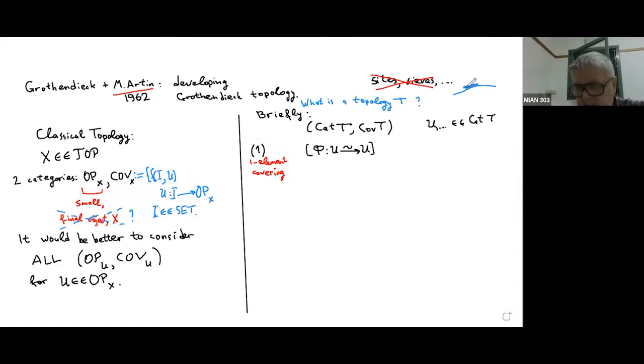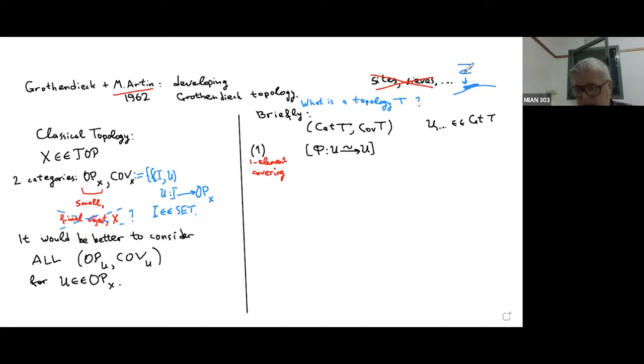When we want to relate the objects of a Grothendieck topology with the classical topology, we think this way: we mean some abstract open subsets.